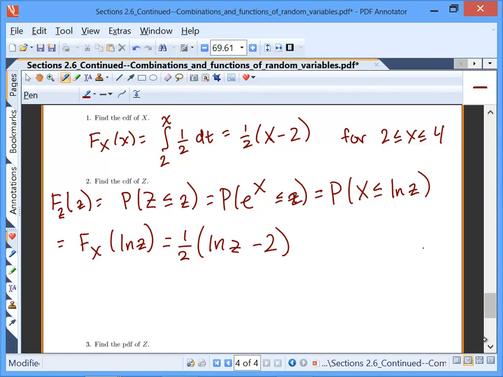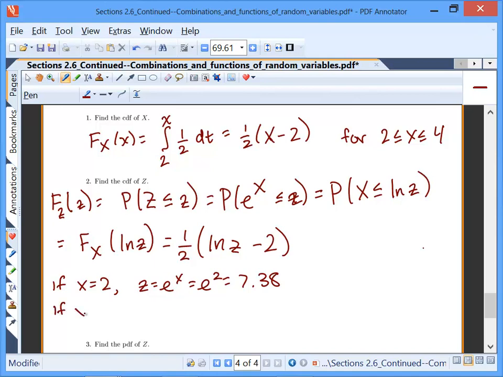Now I need to figure out what my bounds are. If x equals 2, then z equals what? Z is e to the x, so e to the 2 gives me 7.38.